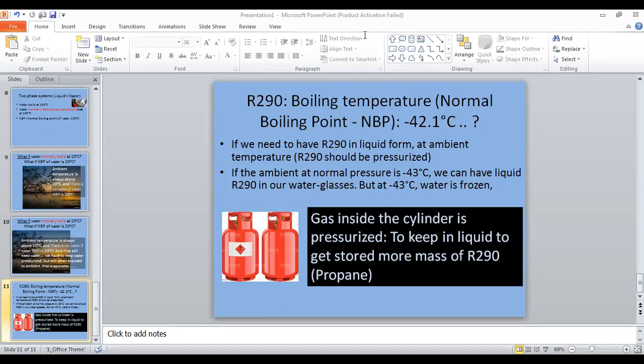The normal boiling point of pentane is 36.1 degrees Celsius.